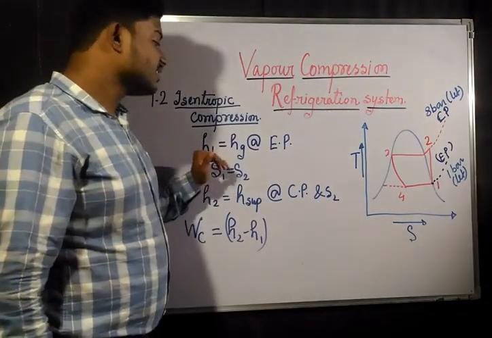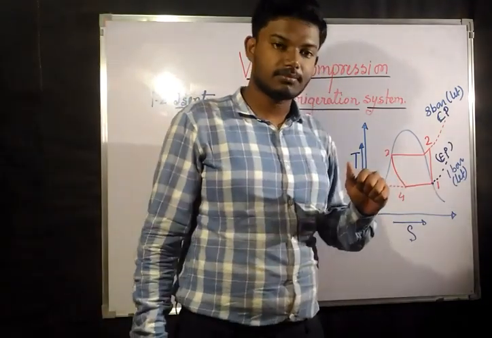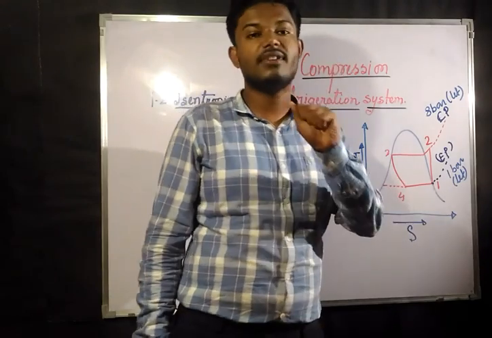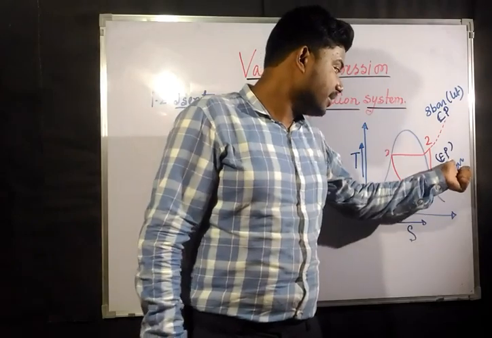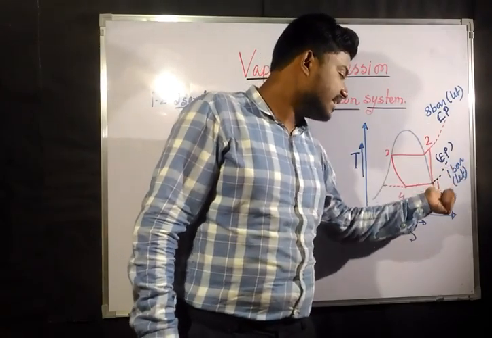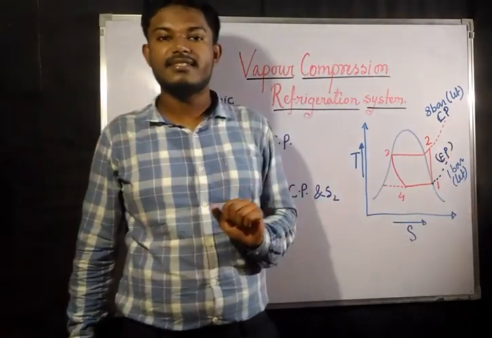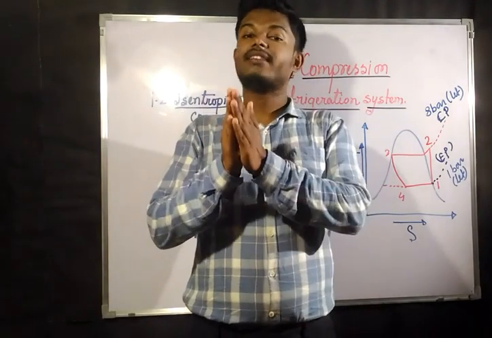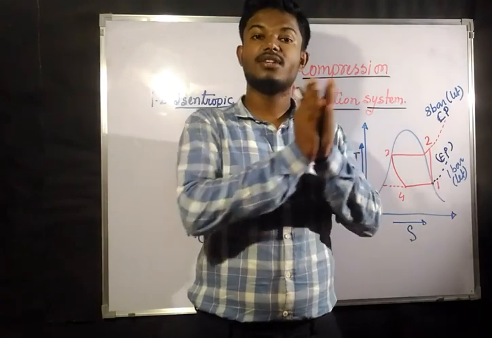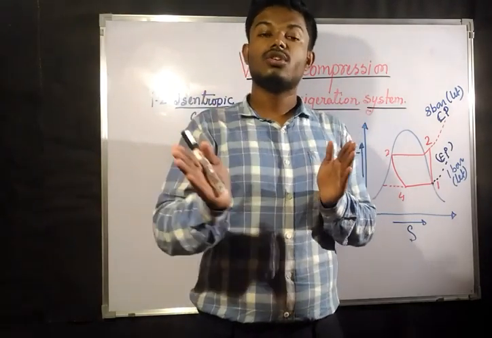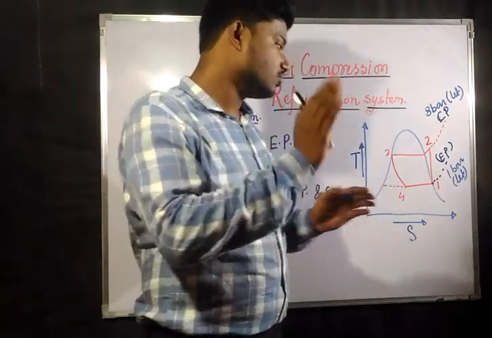Now the first thing, how can you find H1? H1 is very easy, because in the steam table this is on the saturated gaseous line. As I have told earlier, there are two segments in the steam table: one is the saturated zone, one is the superheated zone.